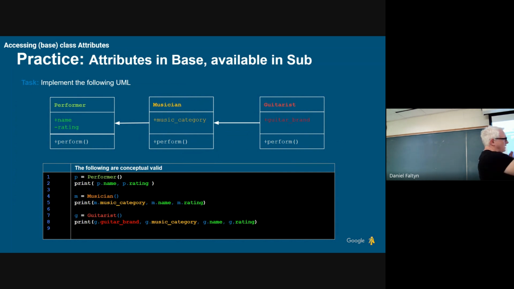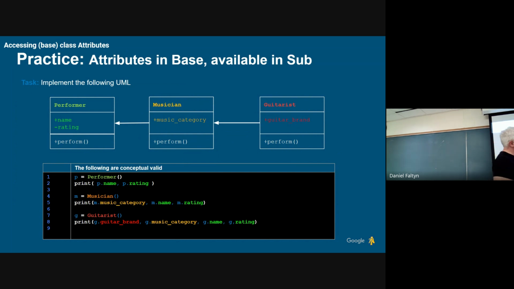And you can do this ad infinitum, but I'll make the claim then a type of musician is a guitarist. And I want to know about my guitarist, what type of guitar they have. I'm being a little fast and loose. I'm not showing you how this stuff is implemented, but you should be able to make a reasonable guess. If I instantiated a performer, the only thing I have access to is name and rating.